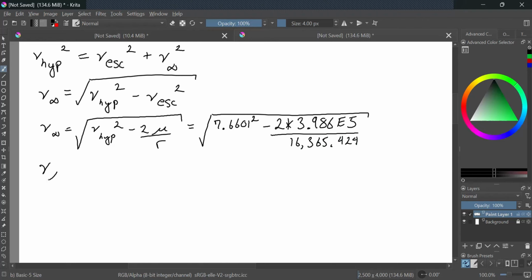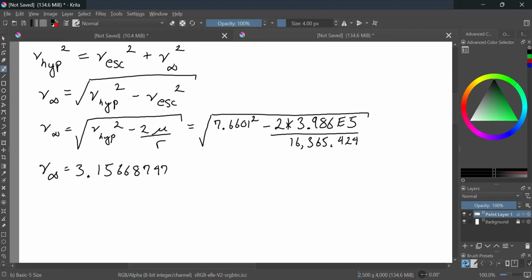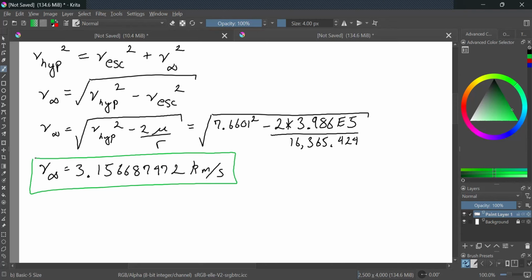When you plug these into your calculator, you will get 3.15. I'm going to go ahead and write the whole thing: 668.7472 kilometers per second. And I'm going to box this in green because this is an example video and it's not going to be computing with anything.